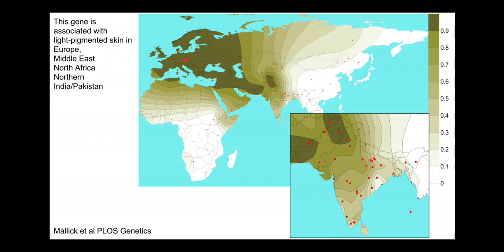So this gene is very important for driving the overall light skin pigmentation of individuals throughout these populations. And this is a wide swath of what some people would consider different races, but they are all unified by the fact that they have the same gene that's very important to driving their skin color. So our concept of race does not match up with the underlying genetics.